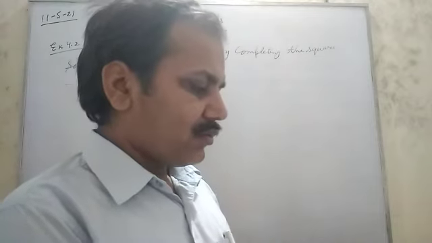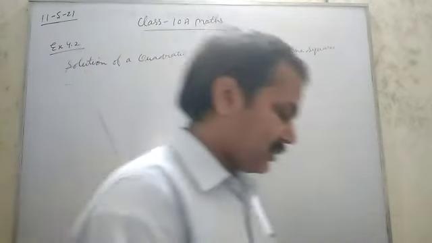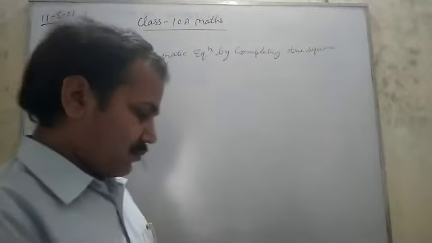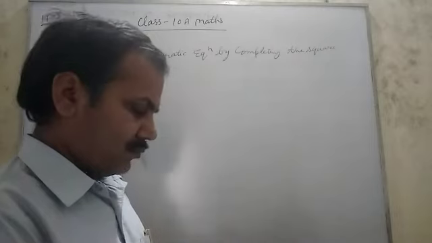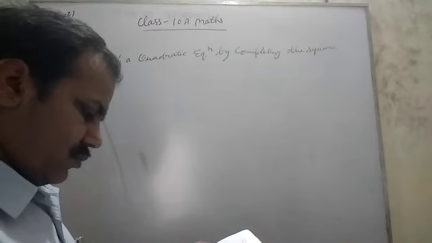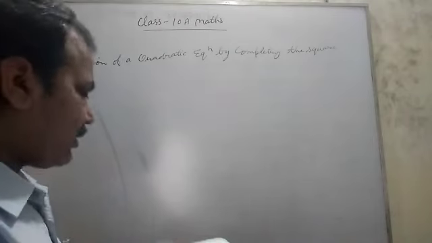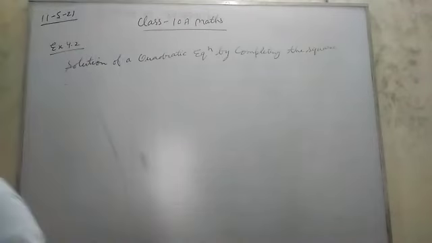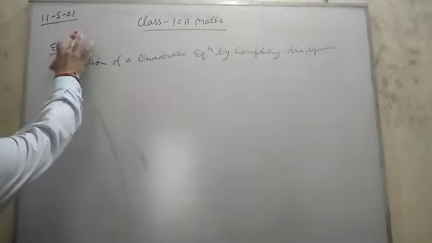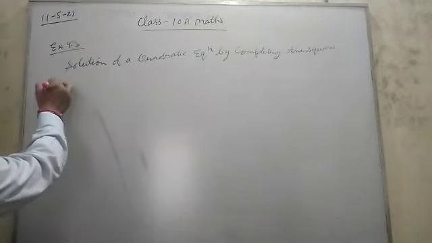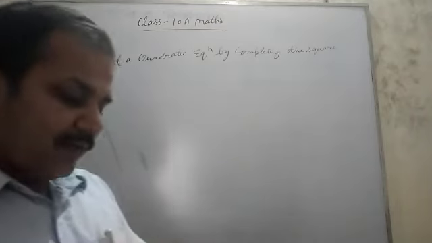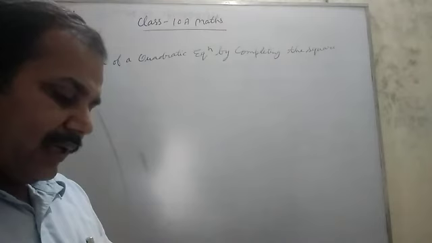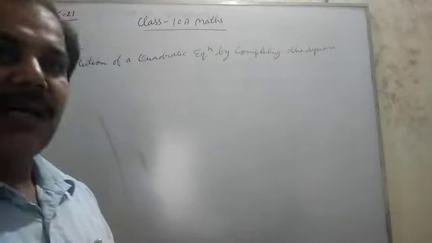Okay. So before discussing this, exercise 4.3, question number 1. So here I will discuss the second part. Okay, if they exist, by the method of completing the square.